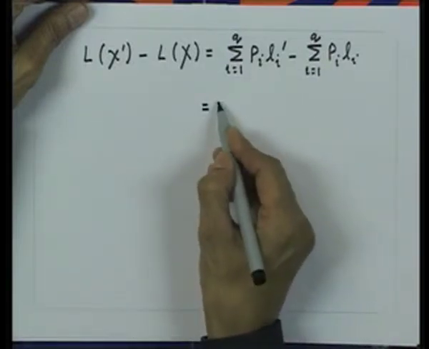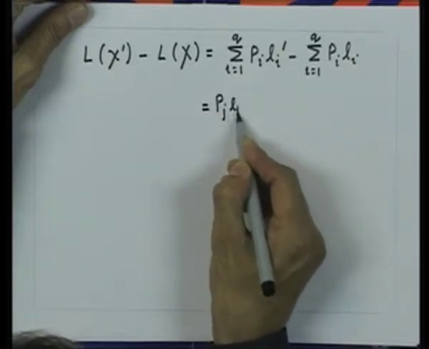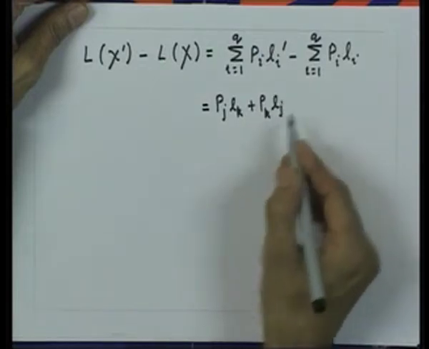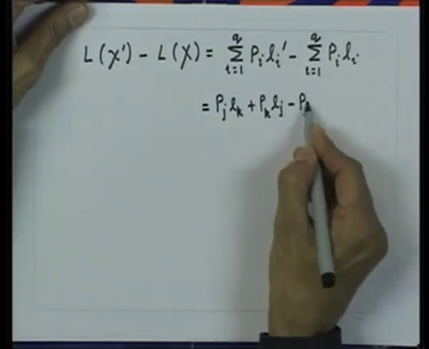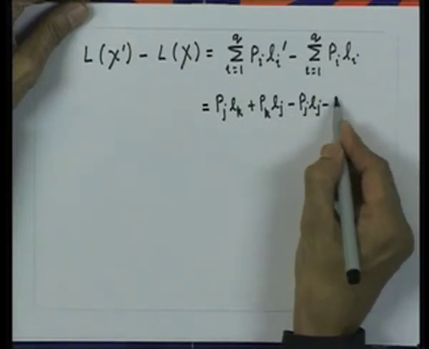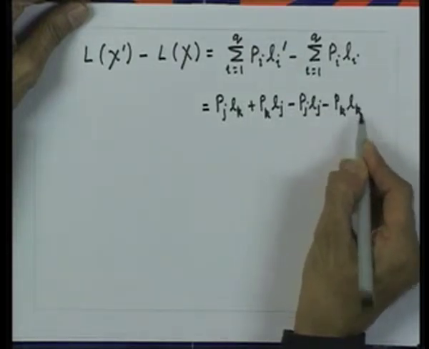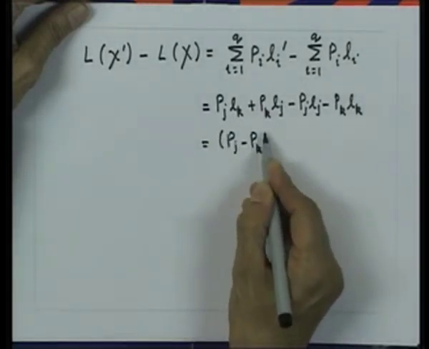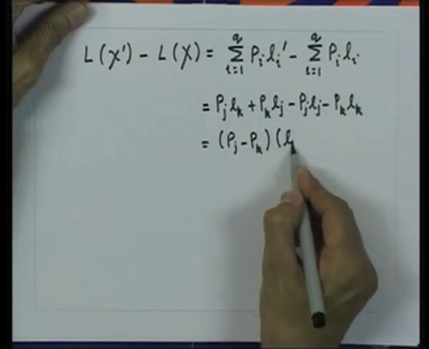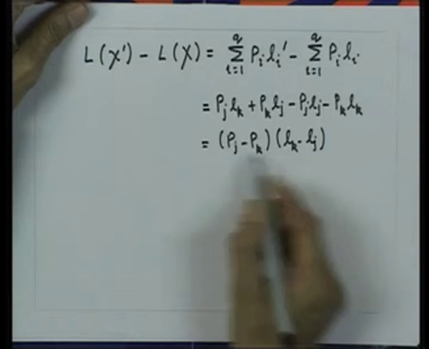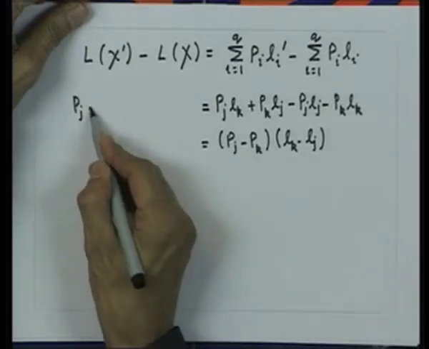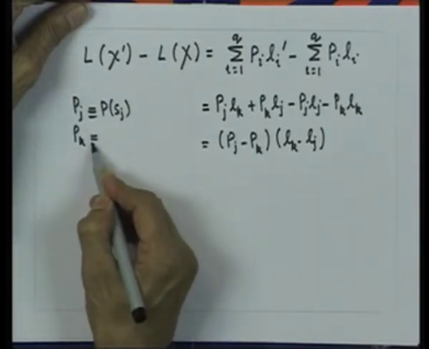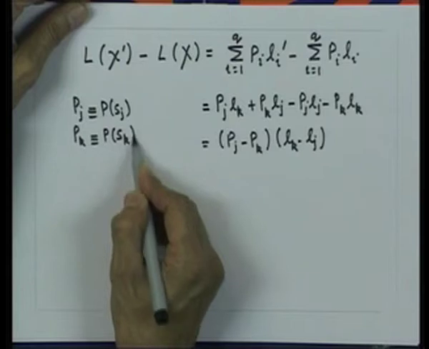So, what I will get here is Pj Lk plus Pk Lj minus Pj Lj minus Pk Lk, and this can be simplified, where Pj is probability of Sj and Pk is probability of Sk.